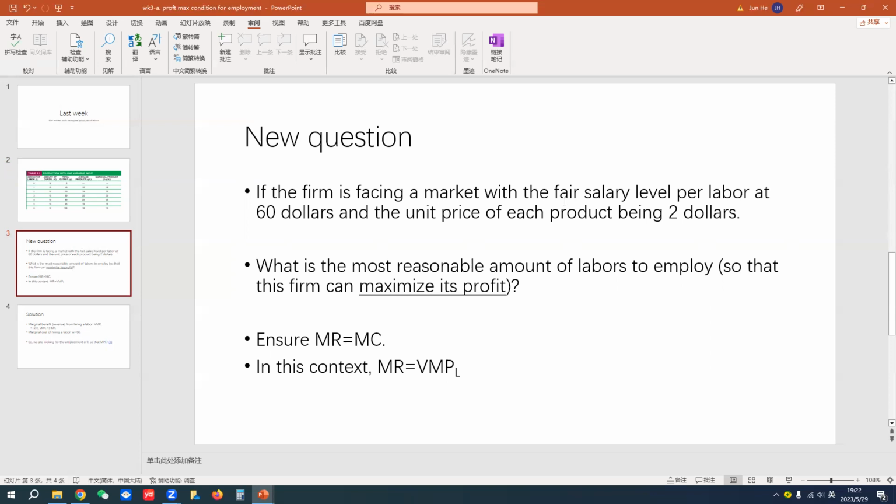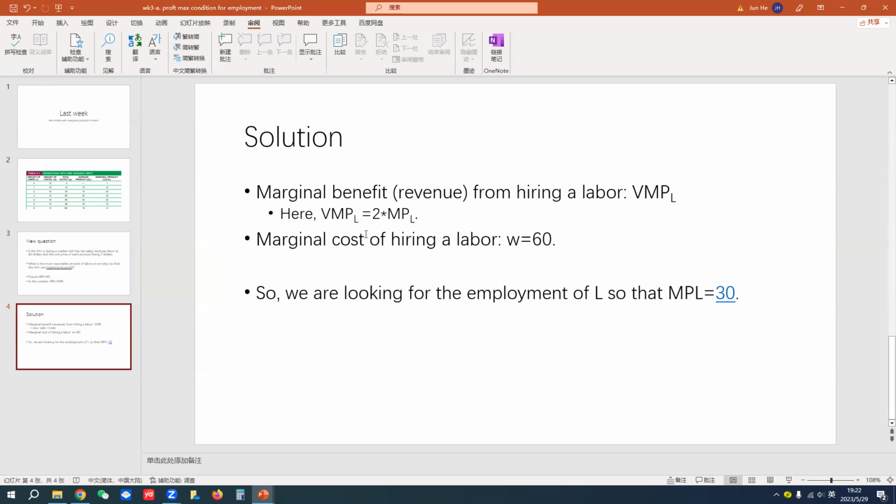So the salary is basically the cost that you have to incur to support your production by the employment of each additional unit of labor, right? So in this case, marginal cost, that is the cost of hiring a labor, namely the salary rate, which is 60, or the wage rate. That's why I use W standing for wage. Okay, so marginal cost is 60.